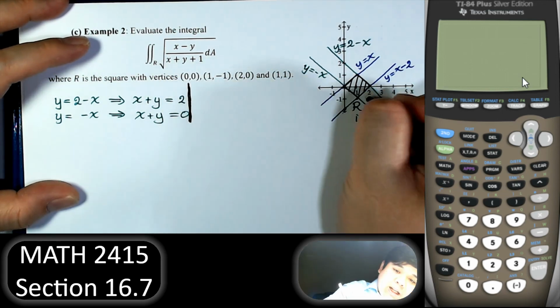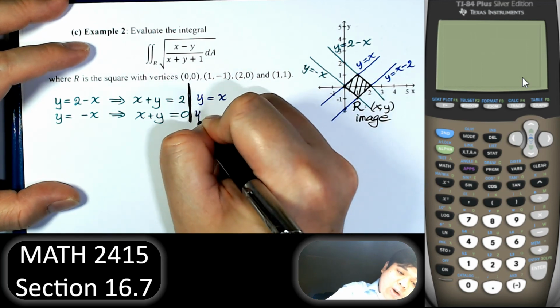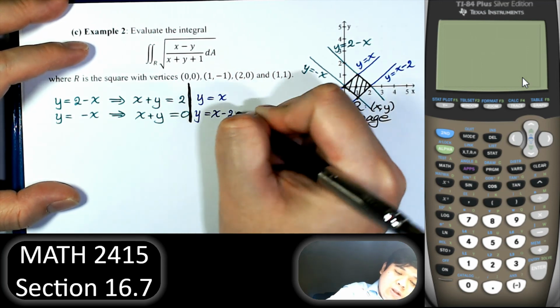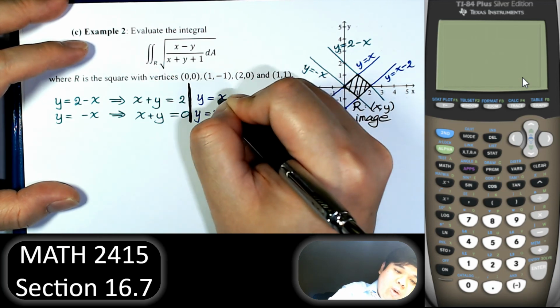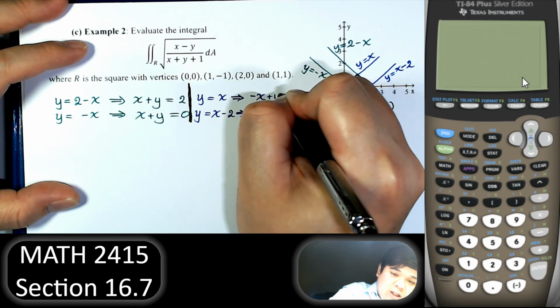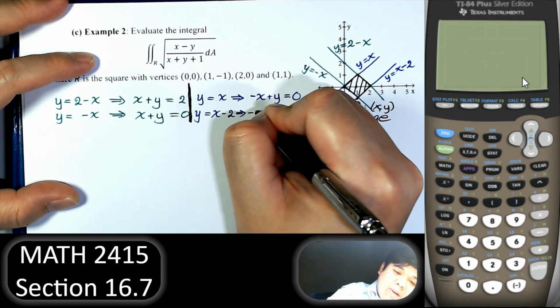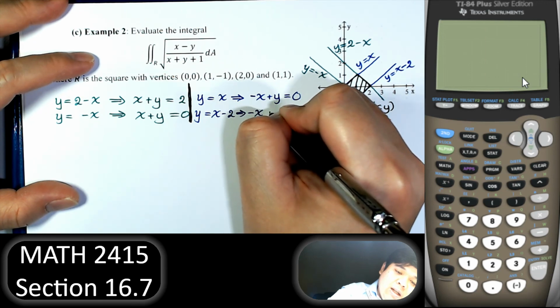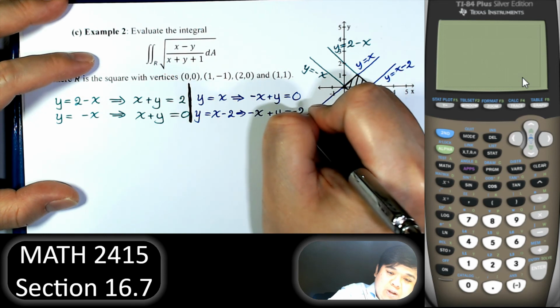Now, for the other, I will do the same, y equal to x, or y equal to x minus 2. Move everything to one side, subtract x, we have minus x plus y equal to 0, and minus x plus y equal to negative 2.